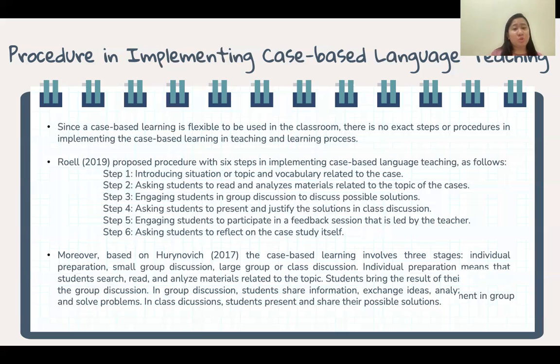From both procedures, it can be seen that group discussion is the main activity in case-based learning, where students share information, exchange ideas, analyze problems, and solve the problems by using their communicative competence and critical thinking. And in group discussion, the teacher plays an important role in motivating students to have interaction and collaboration.